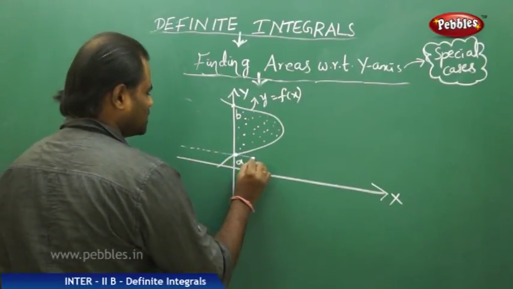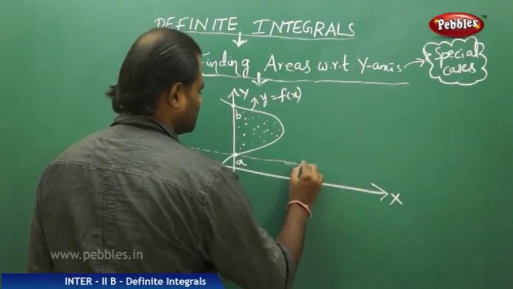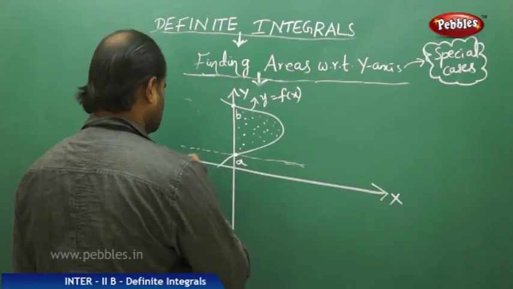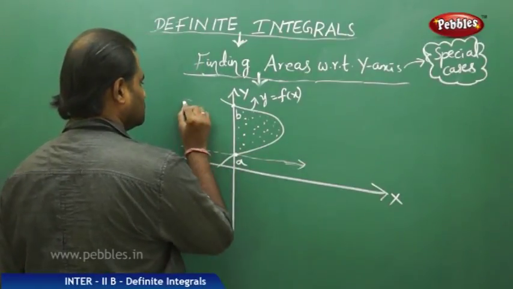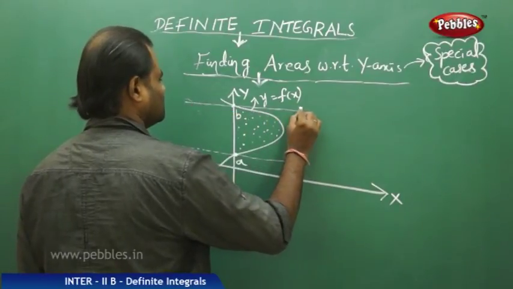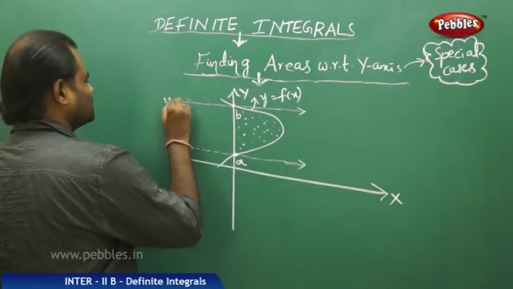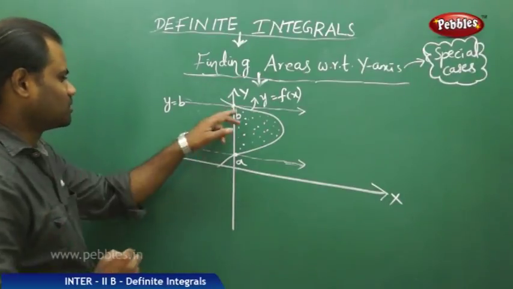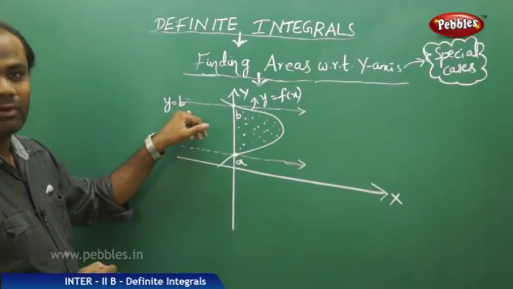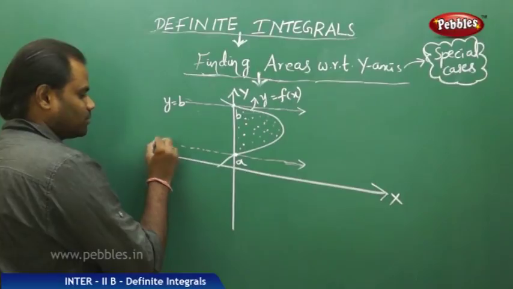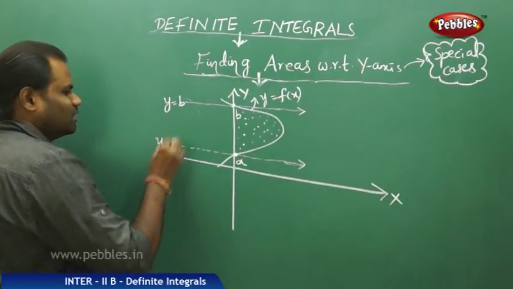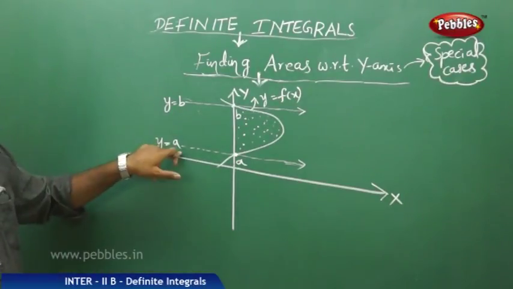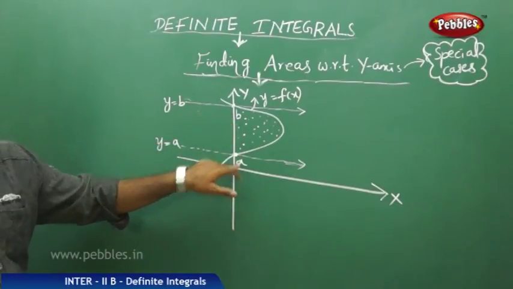As you draw a line passing through B, parallel to the x-axis, it is y equal to b, and the line passing through A is y equal to a. This is how we get the limits using the intercepts.